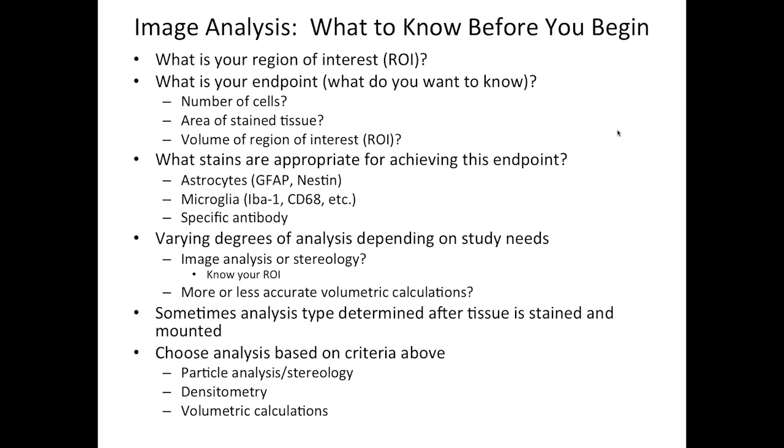Having a defined area of what you're looking at is going to be very important when it comes time to delineating an area of interest for the analysis, so that you're able to view it yourself, and so that we're able to perform the analysis for you.